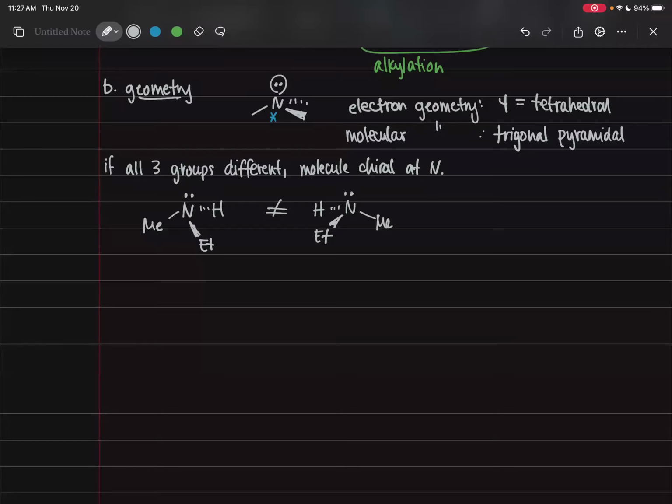Okay, so those two molecules are not the same. They've got the same things attached to them, but the stereochemistry is different here, and so these are enantiomers.